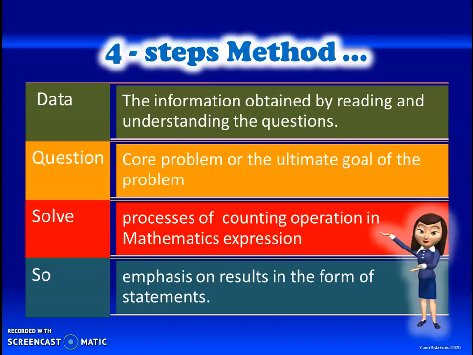The question part is the core problem or the ultimate goal of the problem. The solve part is the process of counting operations in a mathematical expression. And the last one, solve, is the emphasis on the result in the form of a statement.